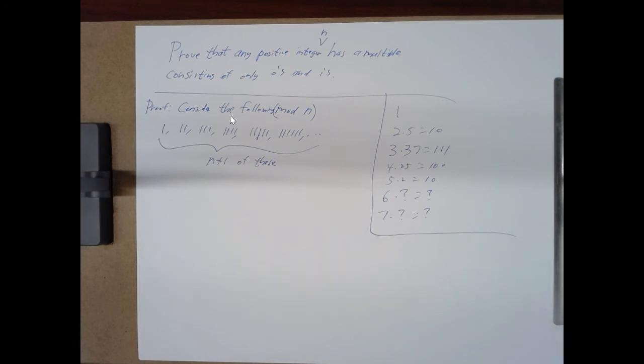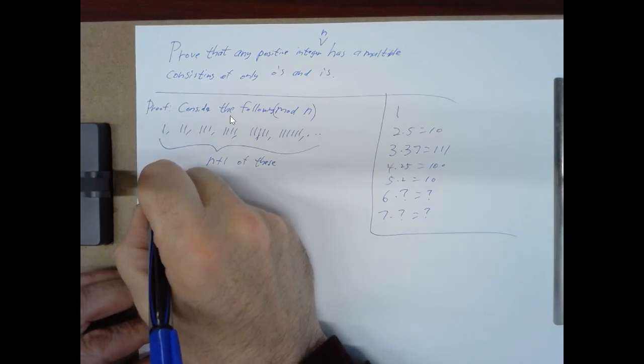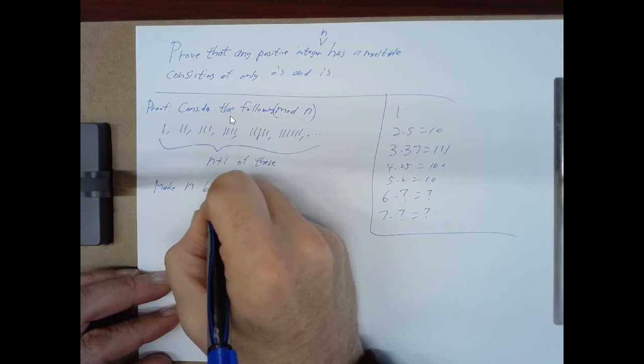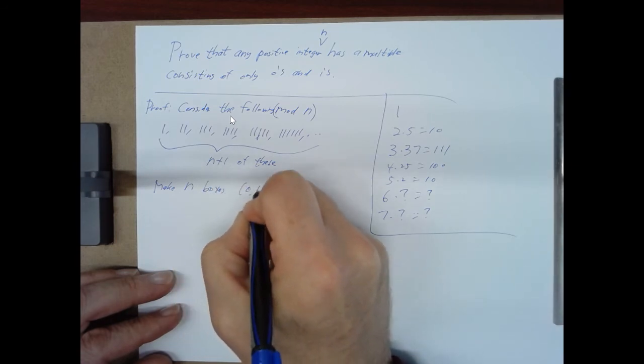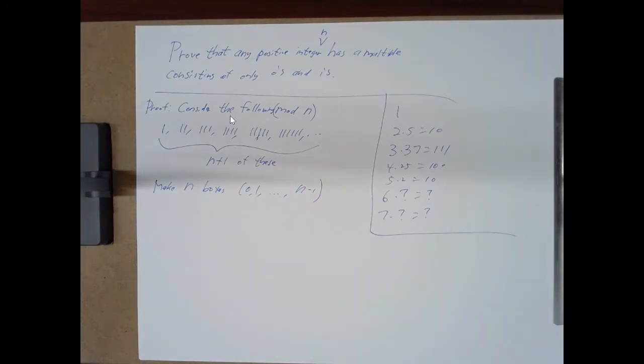Well, remember, when we work modulo n, every number is congruent to something between 0 and n minus 1. Okay, so make n boxes. And we're going to label them 0, 1, 2, up through n minus 1.